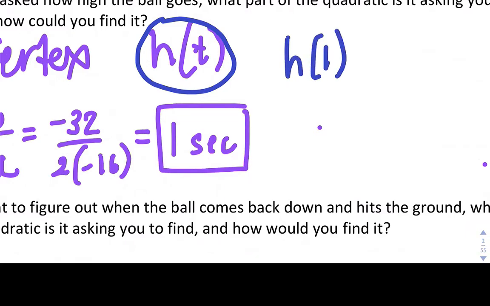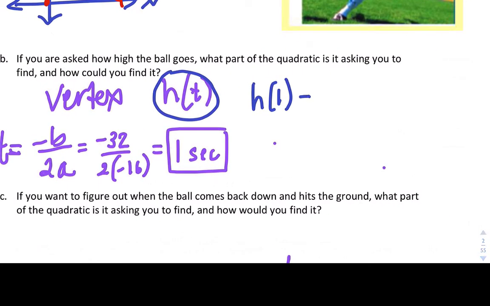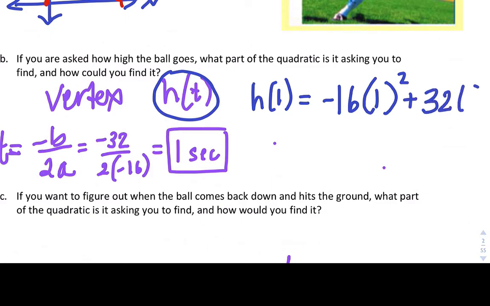After 1 second, how far is it in the air? Just plug in a 1 everywhere you see a t in the equation. So it's negative 16 times 1 squared plus 32 times 1. And so h of 1 will be 16.